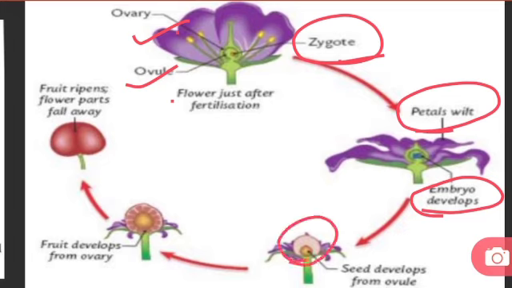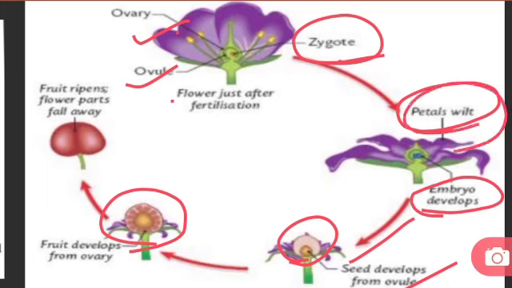Now here you can see, here is the ovule just at the center, then the ovule will turn to form seed. Okay, and then the ovary will start forming the fruit. Now you can see that the petals will start wilting down and your sepals will also start wilting down.